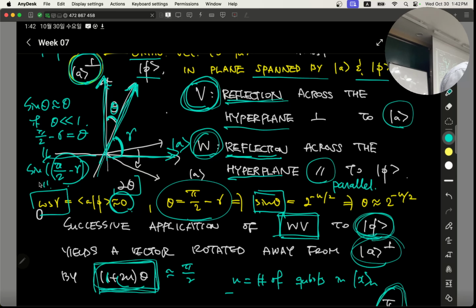So sine theta, yeah, it's the same thing, right? So sorry, it's the same thing. Sine theta is equal to cosine gamma, right?